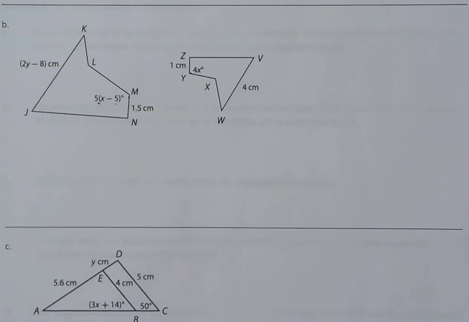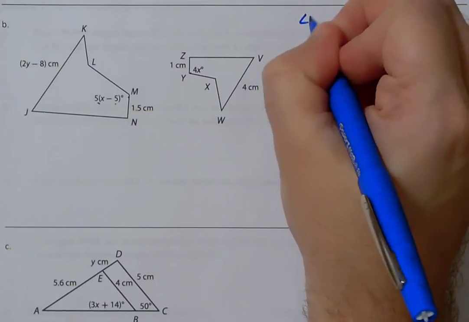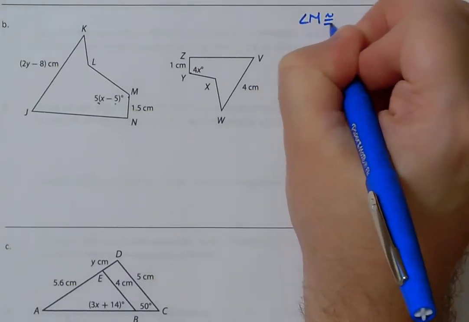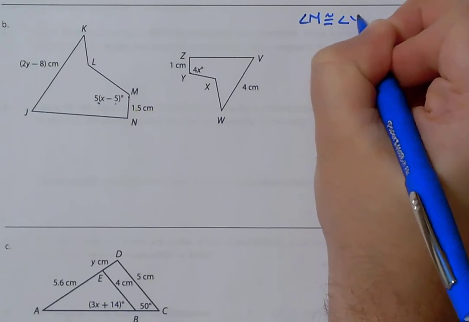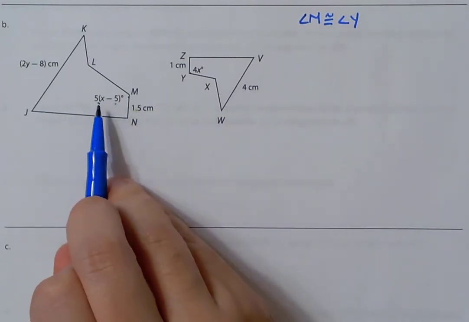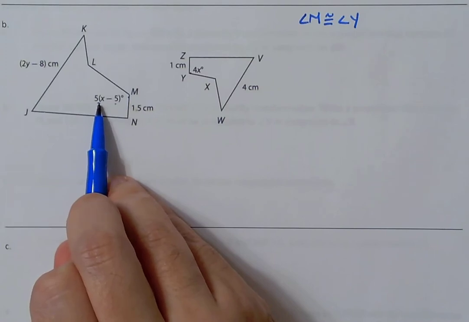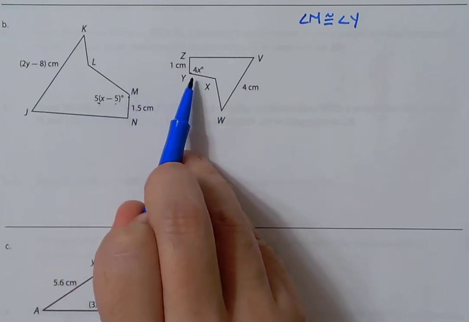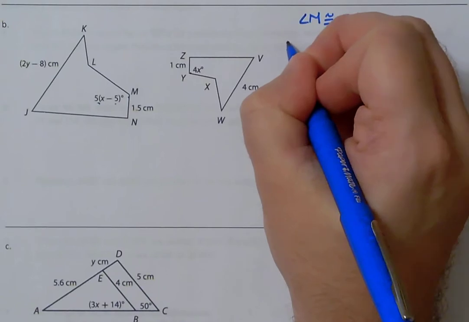Those two angles appear to be in about the same spot for both figures, and because we know angles in similar figures are congruent, that means angle M is congruent to angle Y, which tells me that 5 times x minus 5 equals 4x.